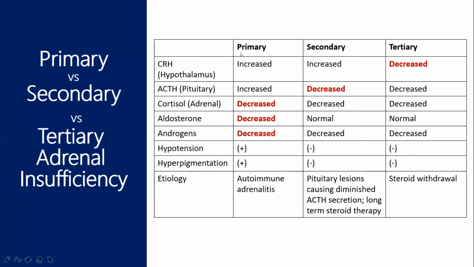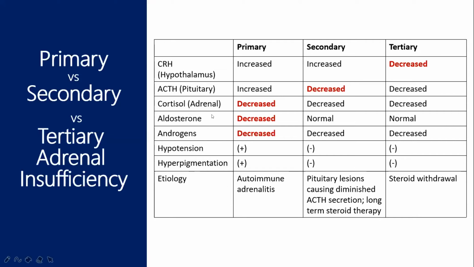This slide shows the differences between primary versus secondary versus tertiary adrenal insufficiency. The ones highlighted in red and in bold letters are the major defects in each type of adrenal insufficiency. For primary adrenal insufficiency, the major defects are a decrease in adrenal production of cortisol, a decrease in production of aldosterone, and a decrease in androgens.